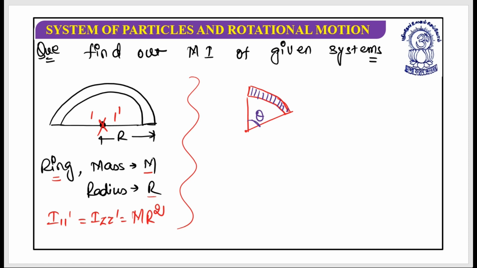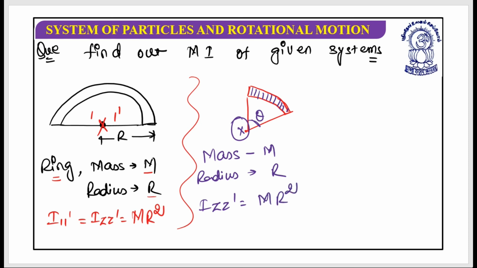If a circular arc has mass m and radius r, find out the moment of inertia, it's an izz dash, then again I will write mr square, because for this segment only, from here to here, they cover a mass of m. I hope this is clear.